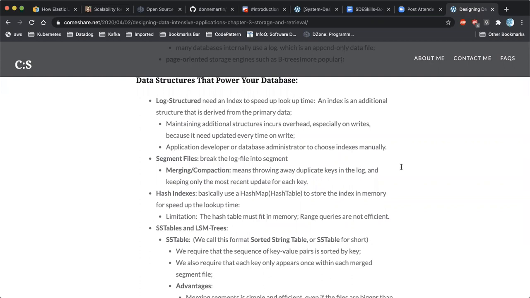So the way to improve all this: instead of having one single file of data, he talked about how it can be segmented. We keep appending key values to the file, so it becomes huge and difficult to manage.